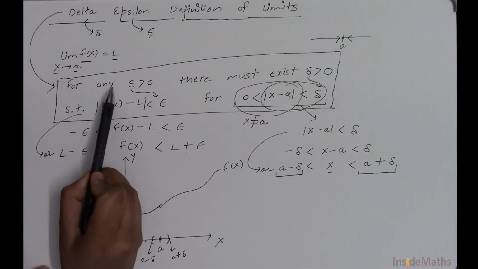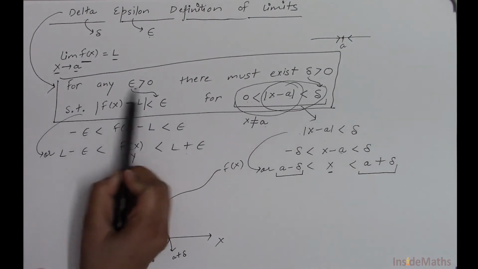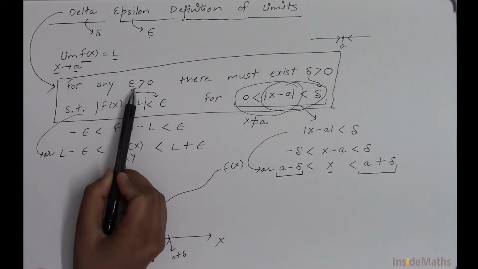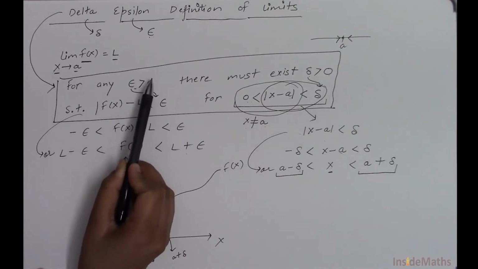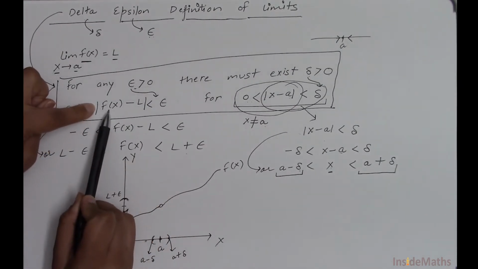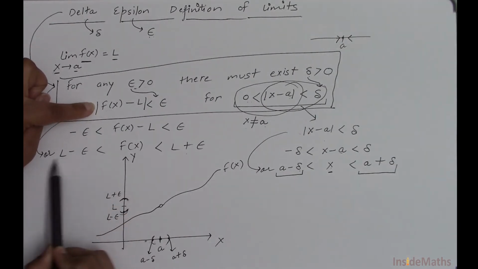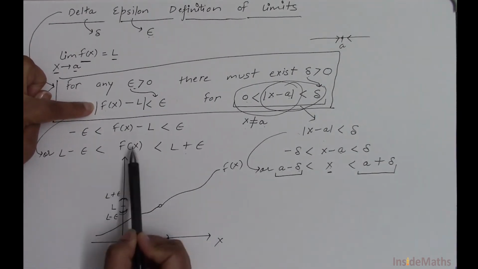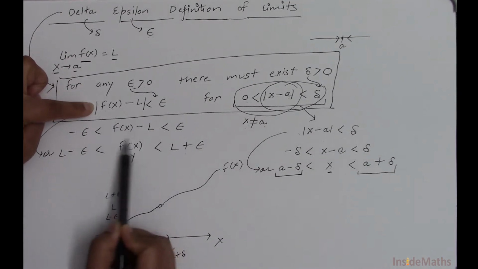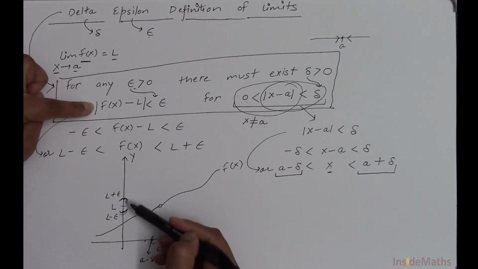It says for any epsilon greater than 0, if this inequality holds, that means f of x lies between these 2 points.